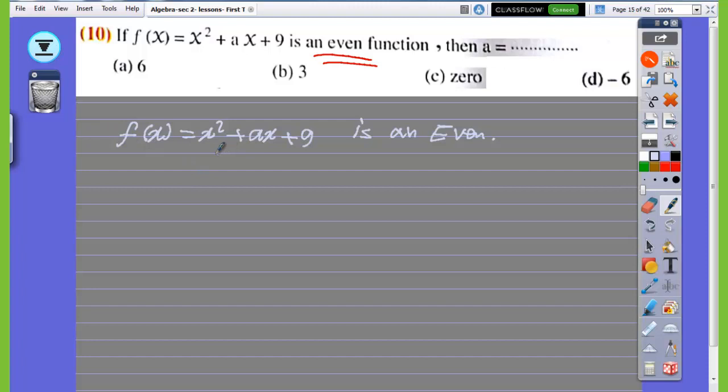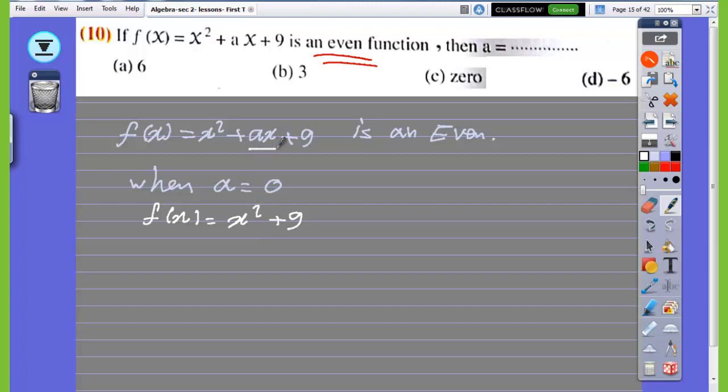From the polynomial here, if you put a equals 0, what do you get when a equals 0? We have f of x equals x squared plus 9, because 0 multiplied by x equals 0.